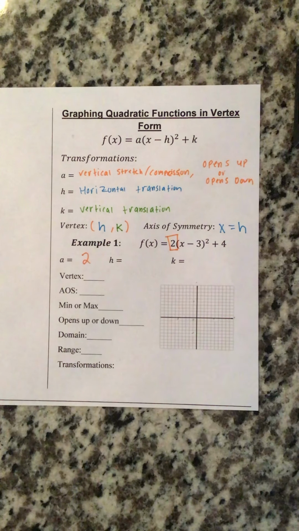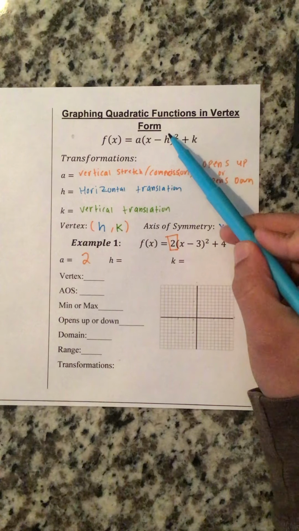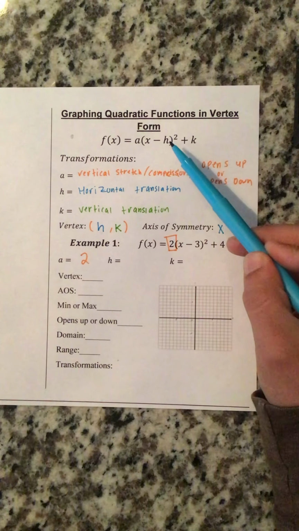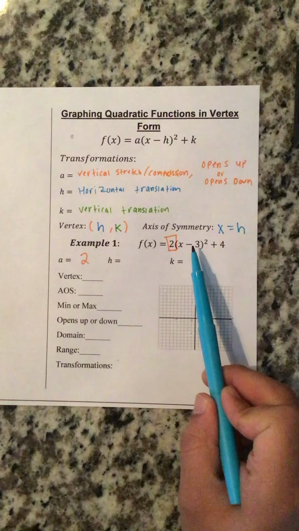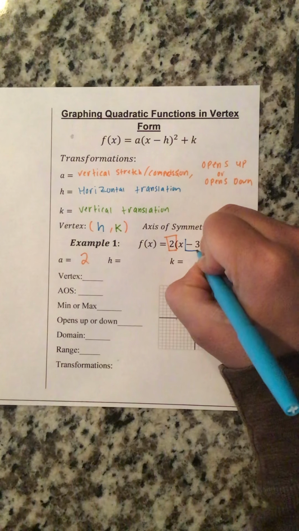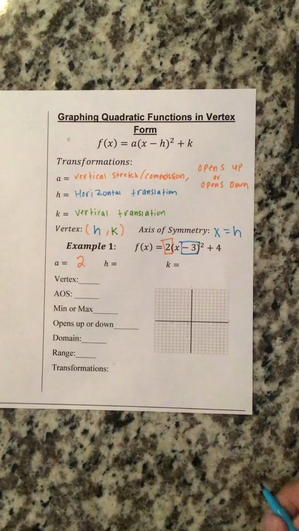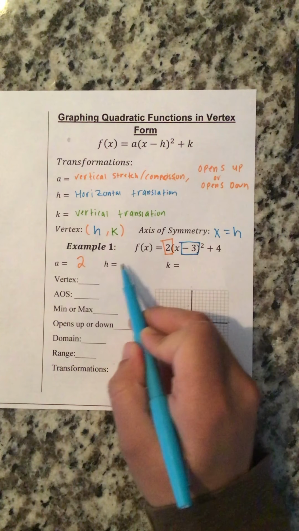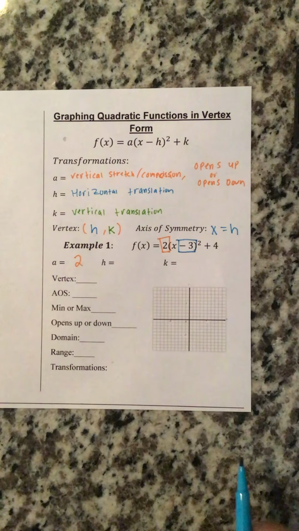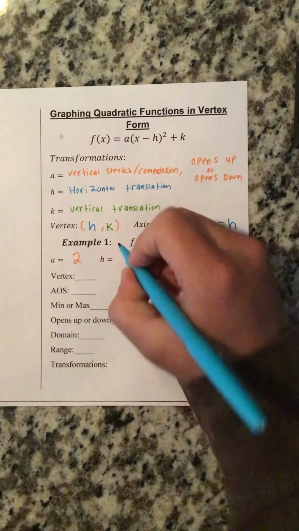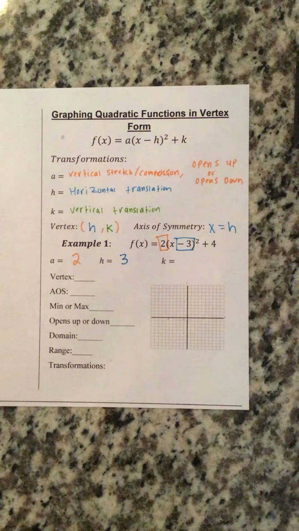Now to h. The h value is the opposite sign of whatever's inside the parentheses. If I look at this example, I have a negative 3, but my h is not negative 3. It's the opposite sign of negative 3, which gives me a positive 3.